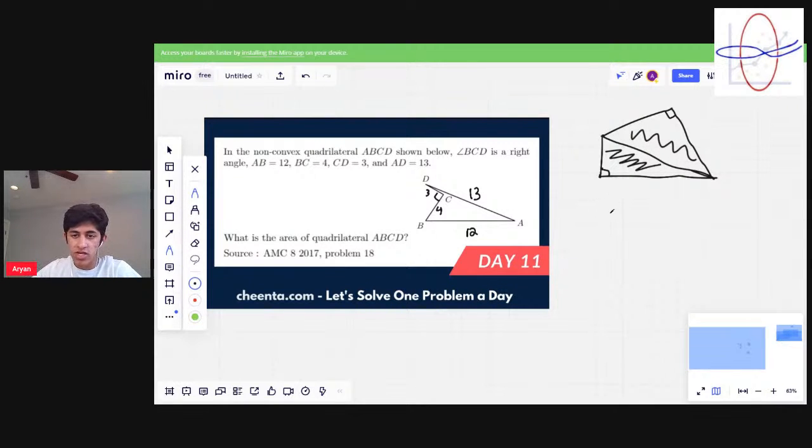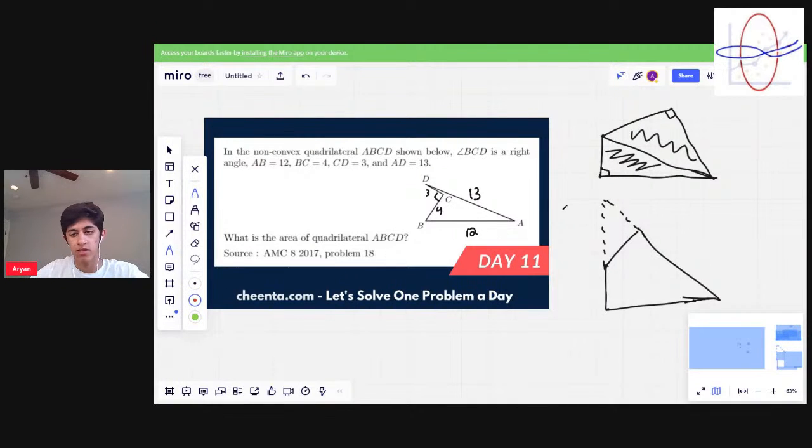Our other strategy is very similar, but here you extend lines or draw in auxiliary lines, as they're called, to get a bigger shape and then subtract out unwanted regions. So if we go back to our example, with the same diagram, rather than splitting it up, what we could do is extend these lines and find the area of the big triangle.